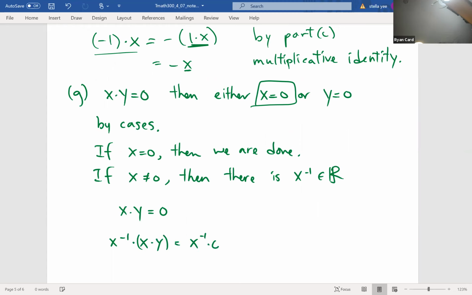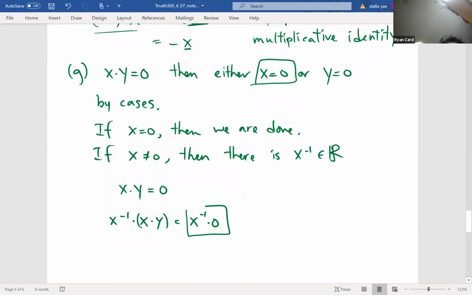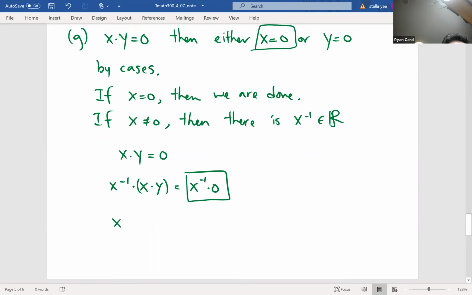And then I think this was part B. X inverse times 0 has to be 0 because anything times 0 is equal to 0. So say by part B.